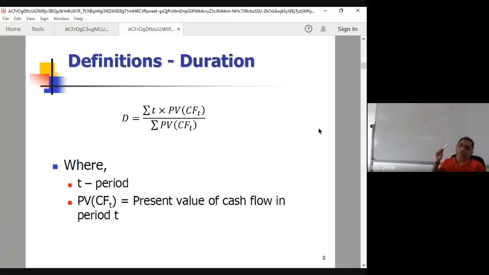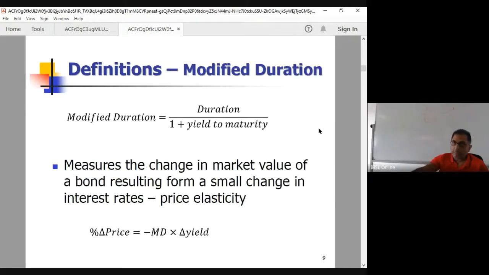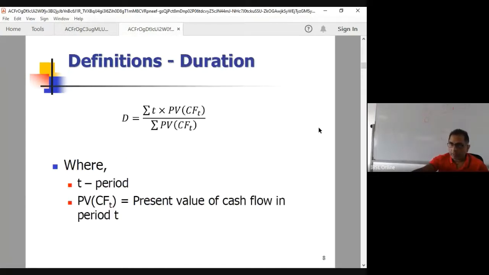So what are you trying to do there? You're looking at each of these cash flows that you are receiving against your total cash flows. What is the time duration for that? You'll understand more when we do the next example. Okay, so we'll get to that.